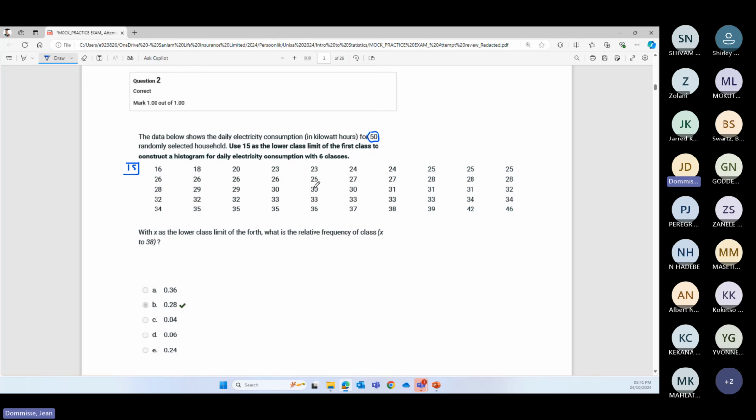Okay, so then we would say they want 6 classes. They don't say which one is the highest.